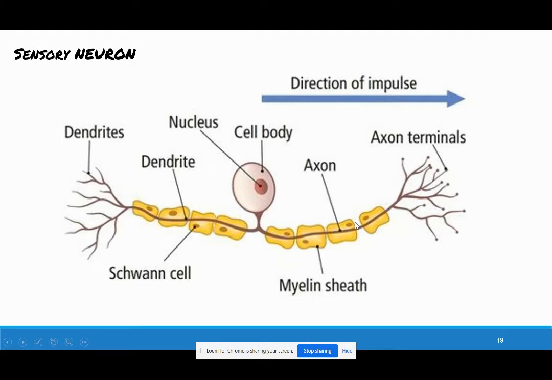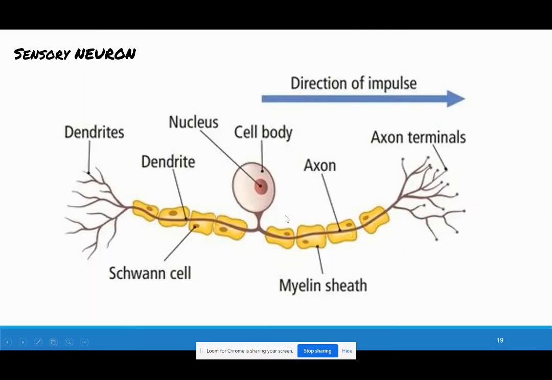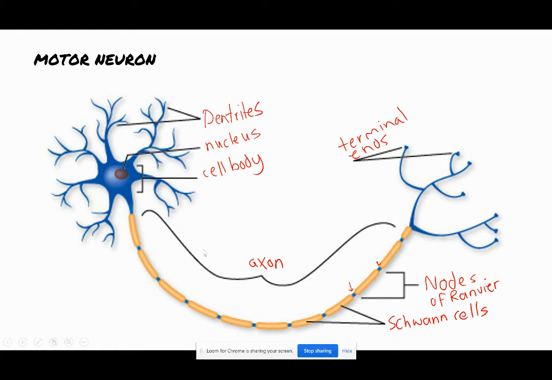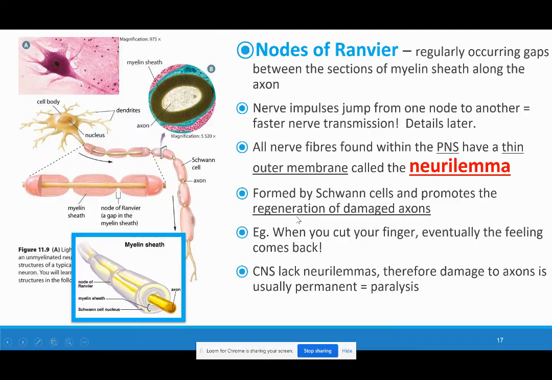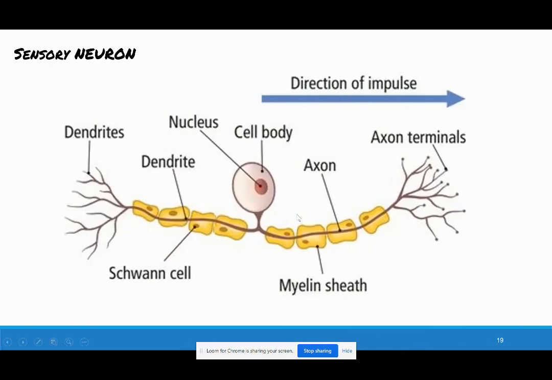So this image of a neuron looks a little different than the last one. This is a motor neuron. So notice we have dendrites connected to the cell body. We have the long axon, and then we have our end branch terminals. Here we have a sensory neuron. So notice we have our dendrites.